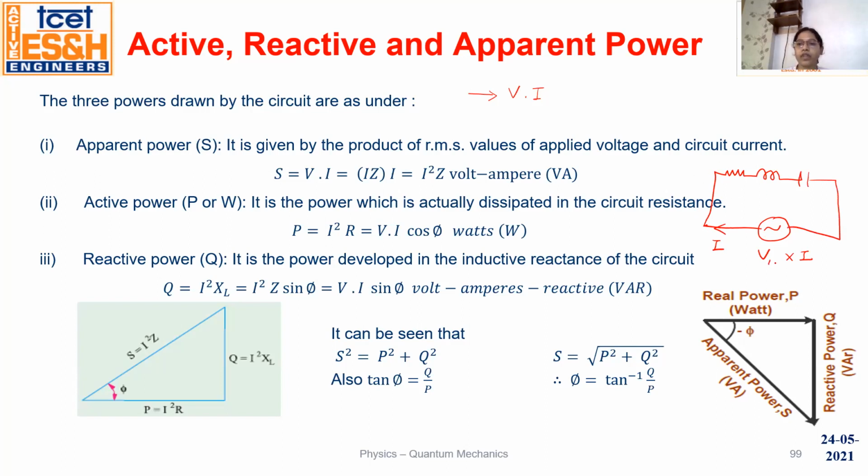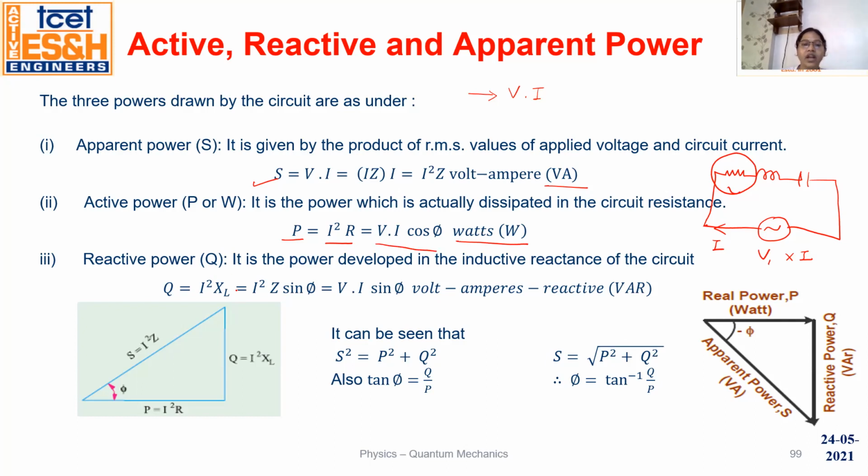This is the apparent power V into I, and its unit is VA. Whereas the active power is the power dissipated across resistance, I square R. This is also represented as VI cos phi. Its unit is watt.